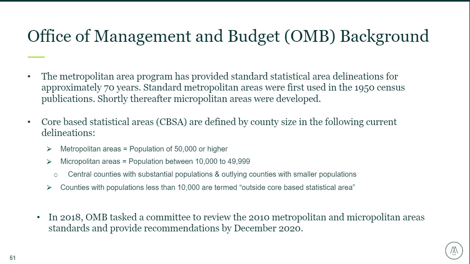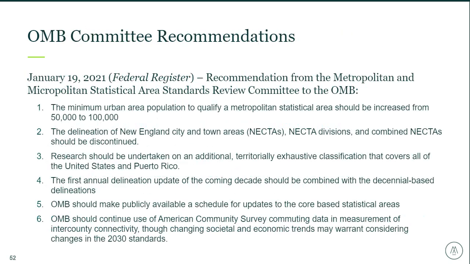In 2018, the OMB tasked the community to review the 2010 metropolitan and micropolitan area standards and provide recommendations by December 2020. And then on January 19, 2021, that committee had the following recommendations to the OMB below.